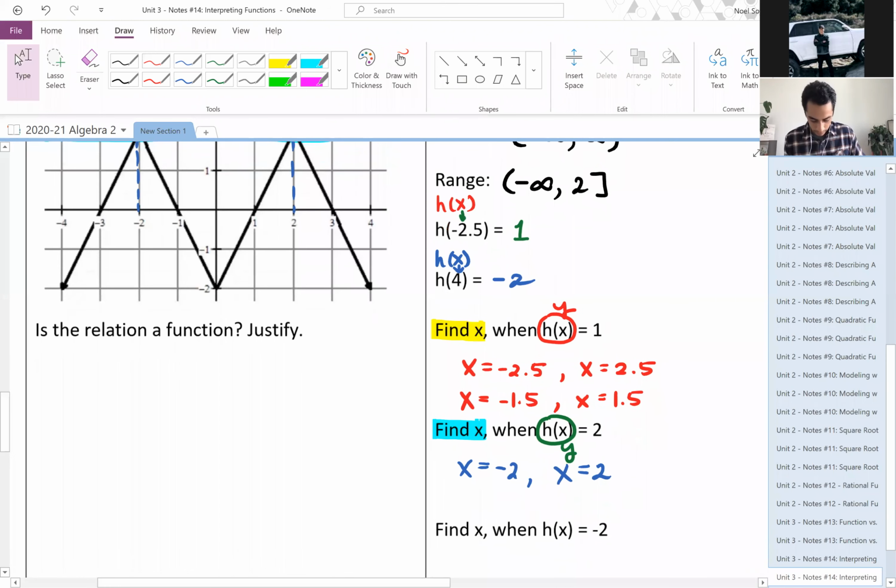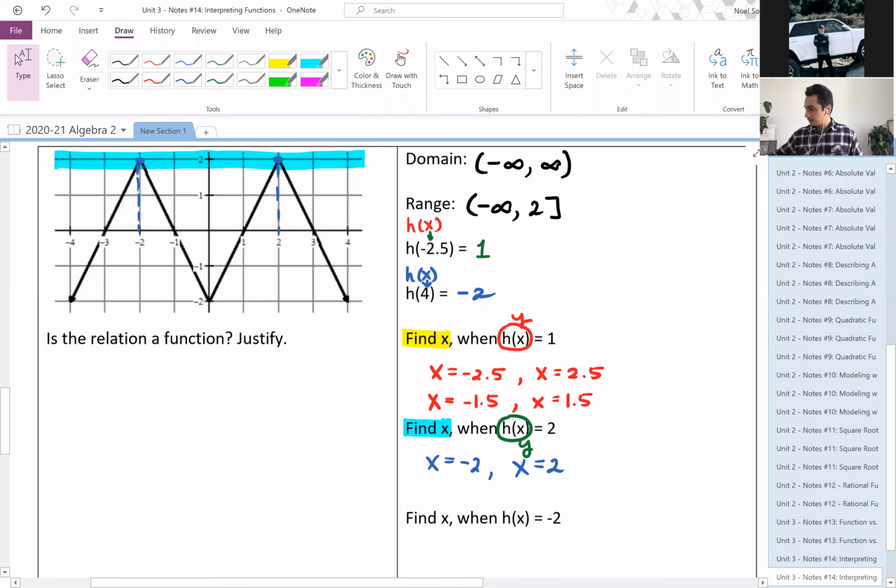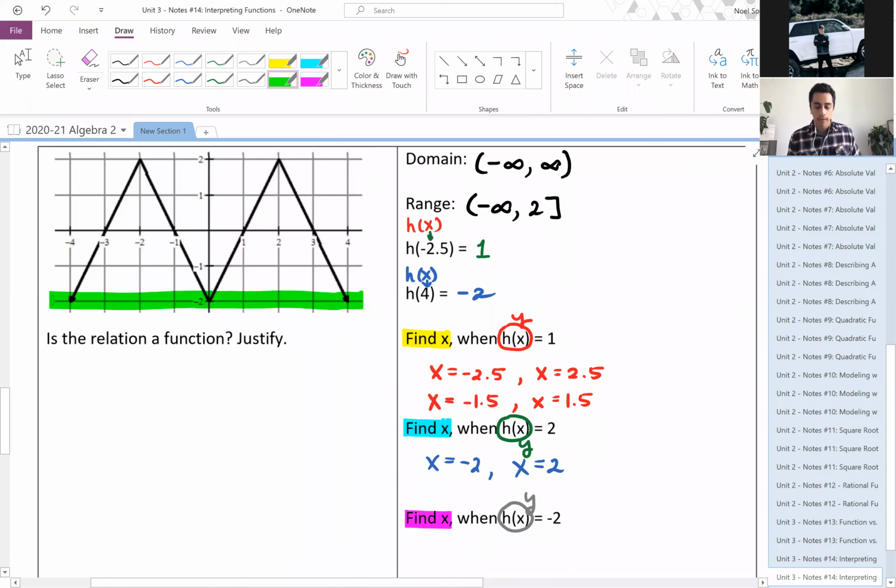All right, and then last one. I have another find x question. Find x when, this time, y is equal to -2. Let's find -2 on the y-axis. Here's -2 on the y-axis, so I'm going to draw a line all the way across.